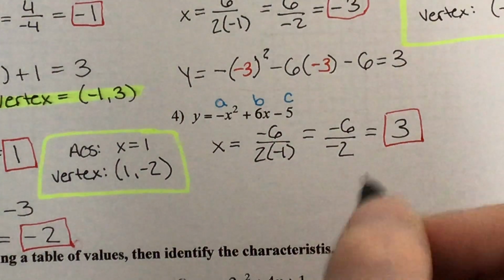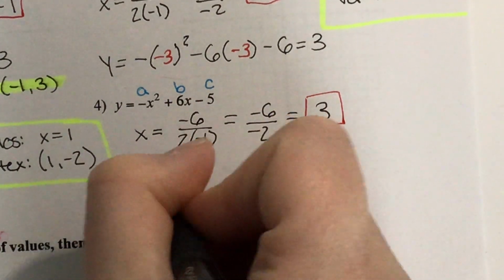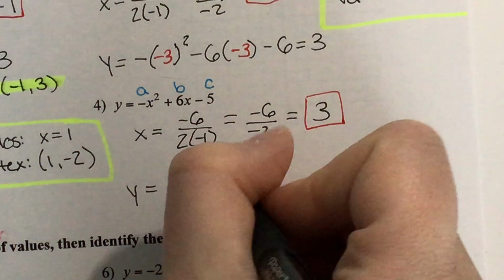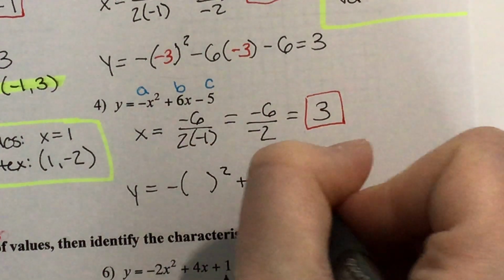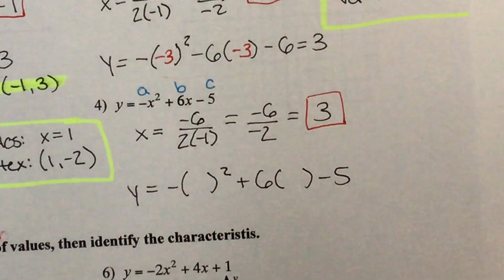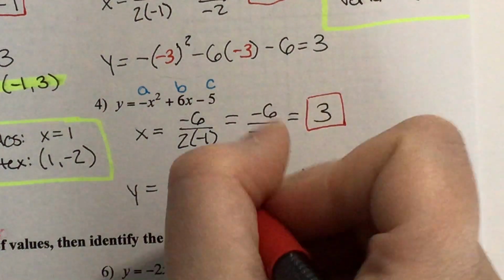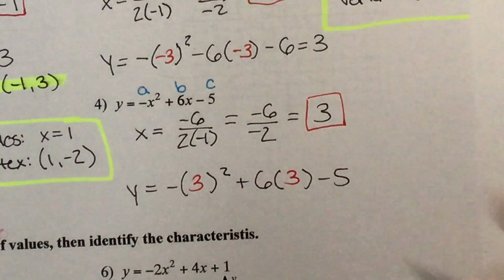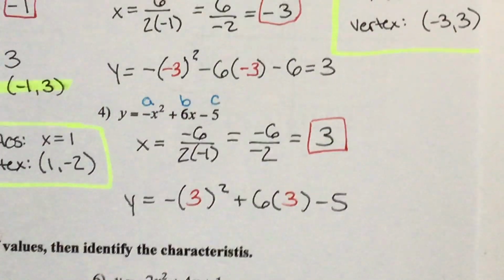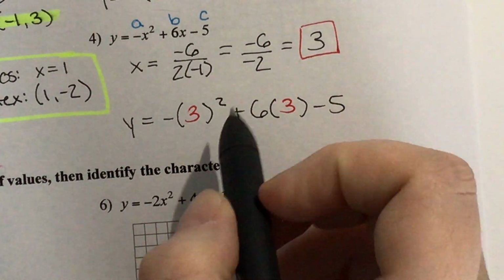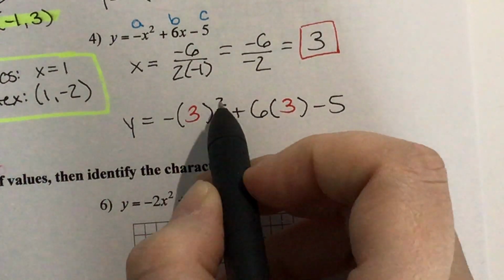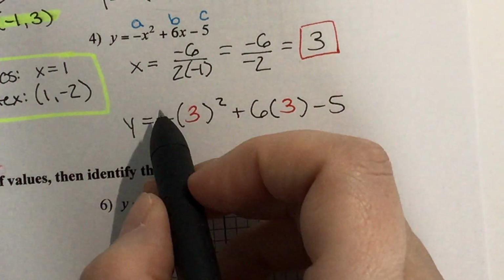All right, plugging it back in. y equals -x squared plus 6x minus 5. Okay, again, I'm not going to use calculator. I want you guys to get into the habit of thinking for yourselves and not relying on your calculator all the time. So 3 squared would be 9, and then you apply the negative out in front.